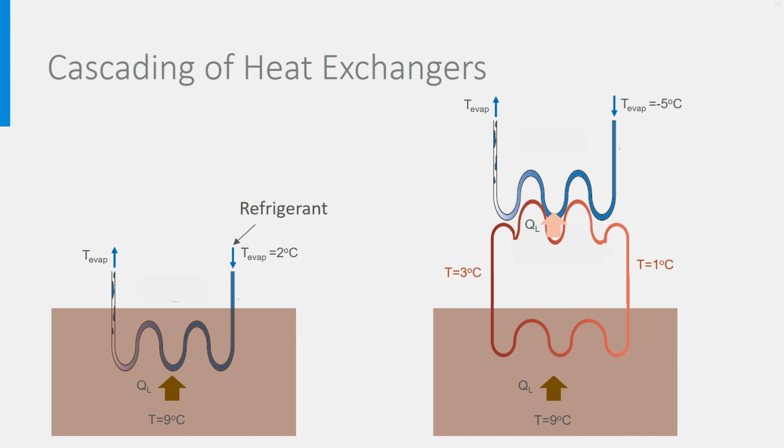The conclusion of this is that the final source temperature is not 9 degrees Celsius, as it could have been with direct heat exchange, but only approximately 2 degrees Celsius, the average between 3 and 1. So in practice, because of all kinds of regulations and considerations, one must add intermediate heat exchangers, which has design consequences.